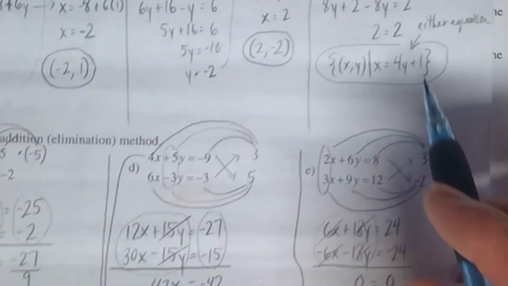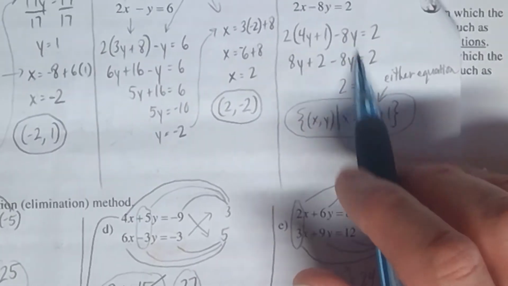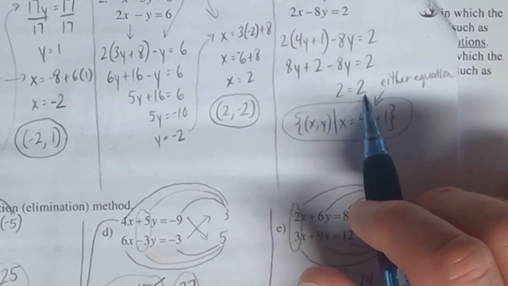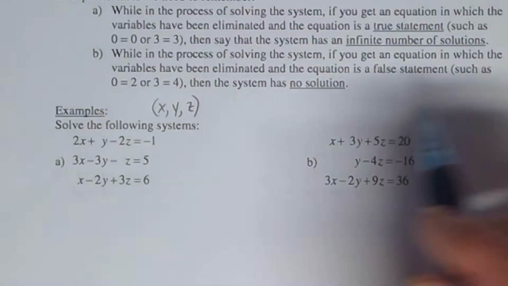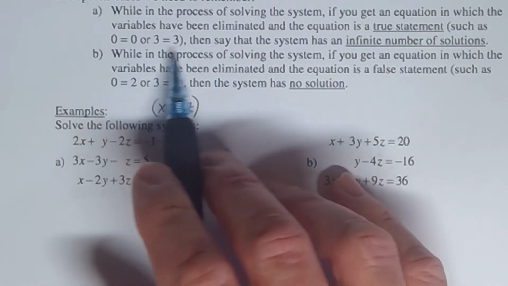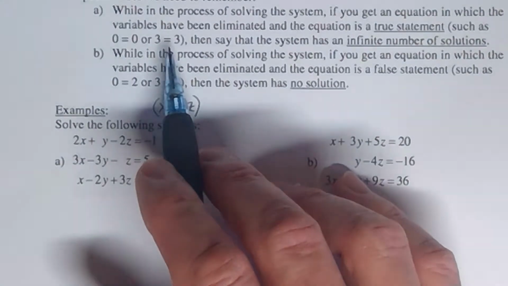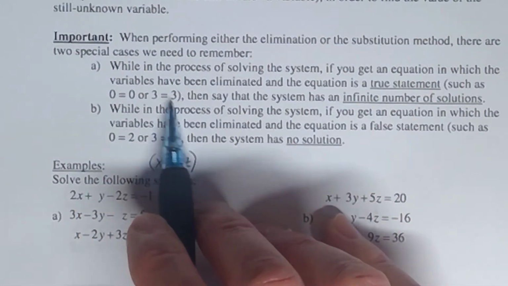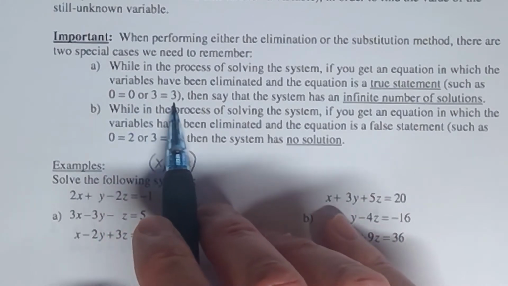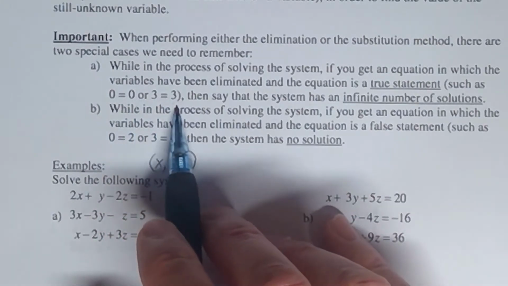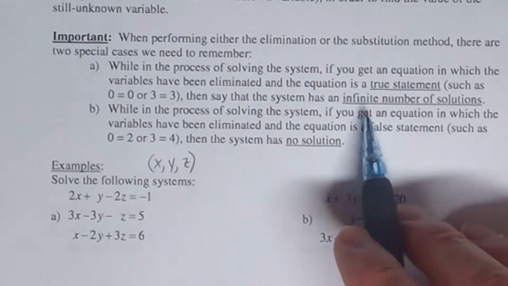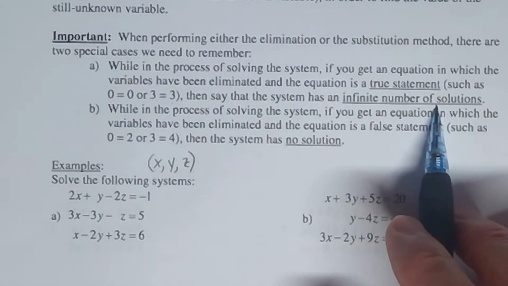It'll be one of those things where you're solving and you get an equation where the variables disappear, but it'll be a true statement. I mentioned that here in part A in the current section. When that happens, no variables, we get something like 3 equal to 3 or 0 equal to 0, which means it's true. Then all you have to say is your answer is infinite number of solutions.